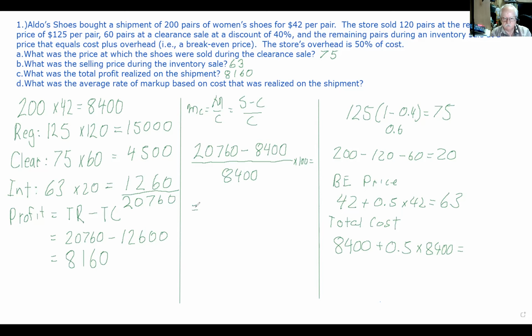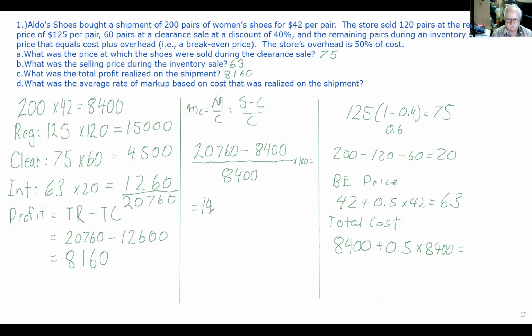So 20,760 minus 8,400 divided by 8,400 times 100. We're not told how many decimal places to go to.